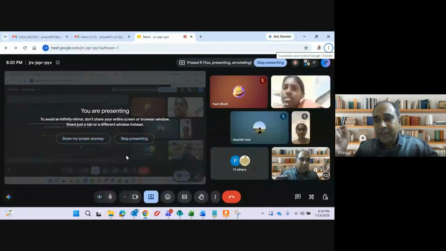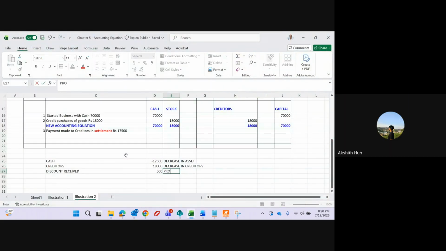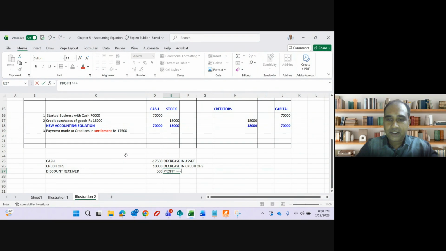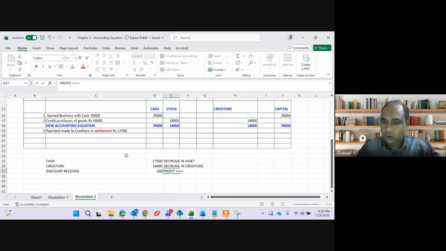Is this 500 rupees discount my profit or loss? Income or expenses? Income. This is profit. Any profit will increase my capital or decrease my capital? Increase my capital. This is the concept, guys.